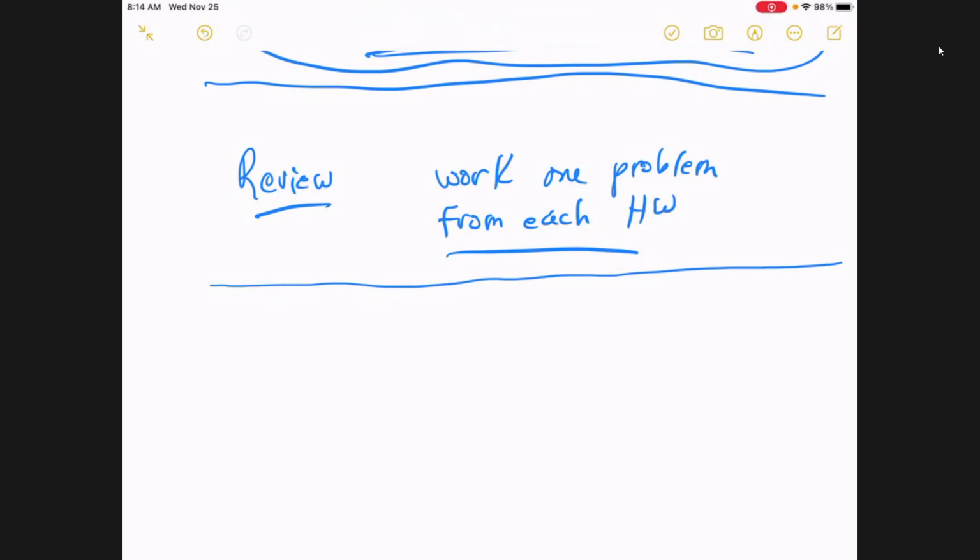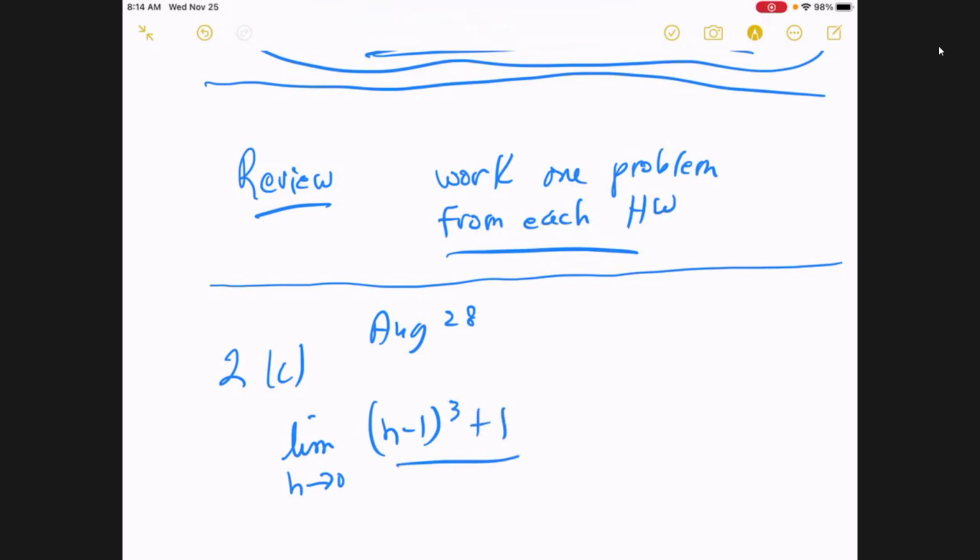Okay, so I'm going to do 2C from the August 28th homework. And that was a limit problem. It's the limit as h goes to 0 of (h minus 1) cubed plus 1, over h.